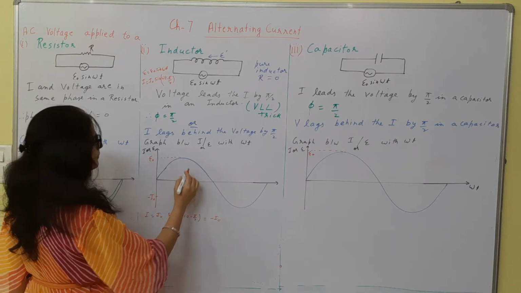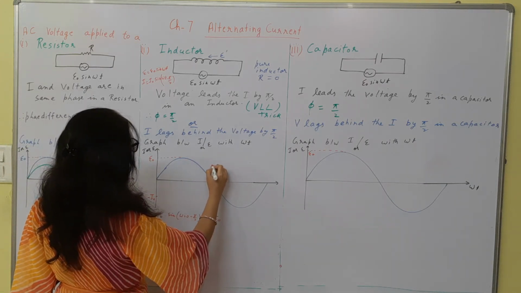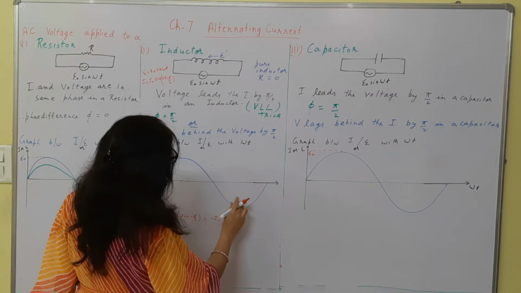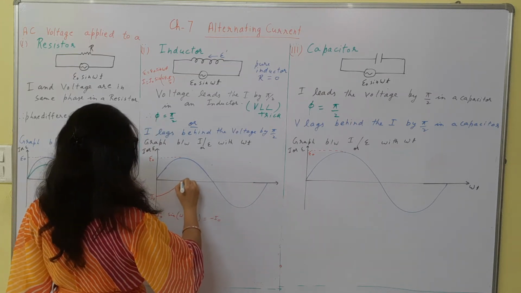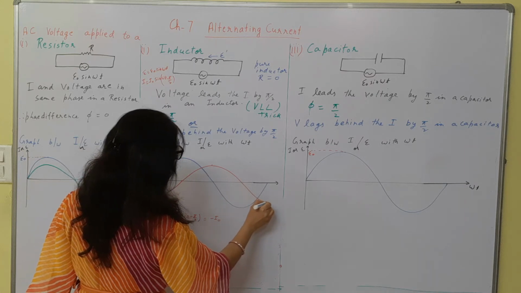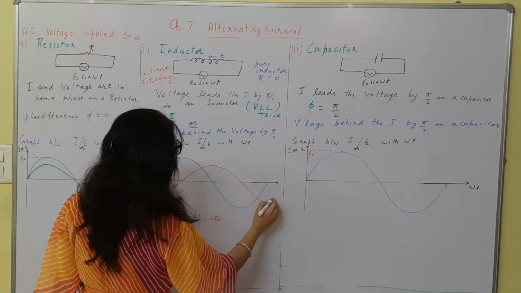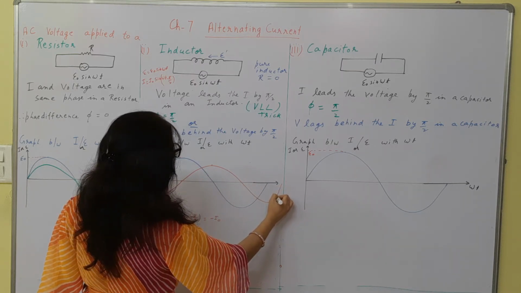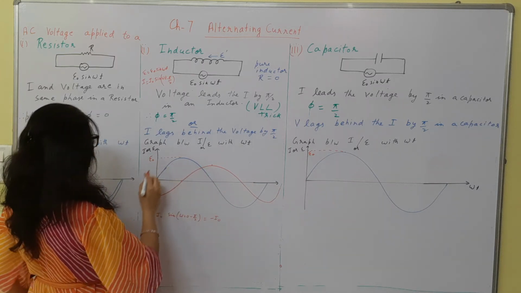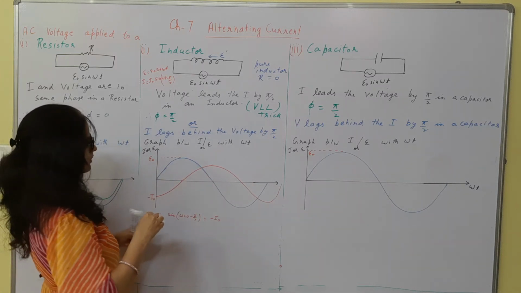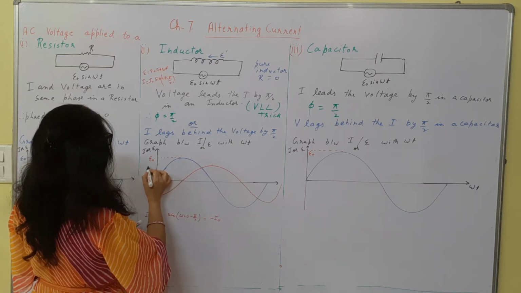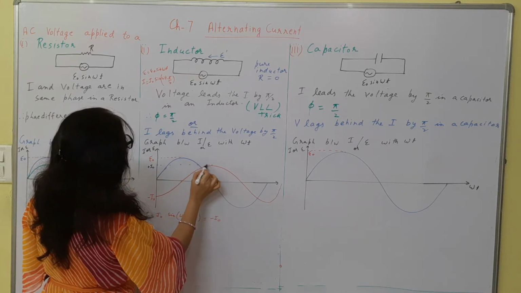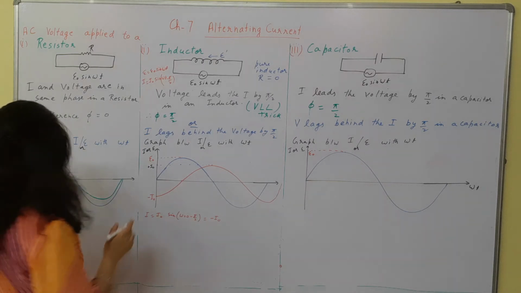So at time t is equal to 0, the current will be minus I naught here. So if we draw the expression of current, it will be like this. So this is minus I naught and this is I naught, right, and this is the complete cycle.